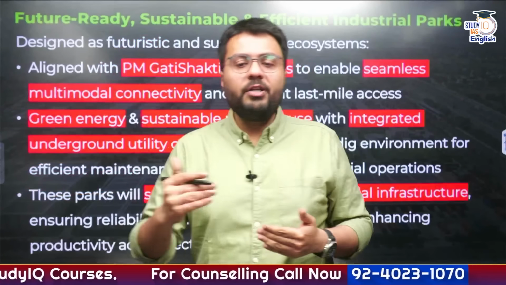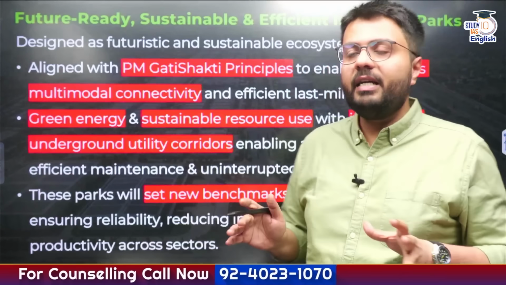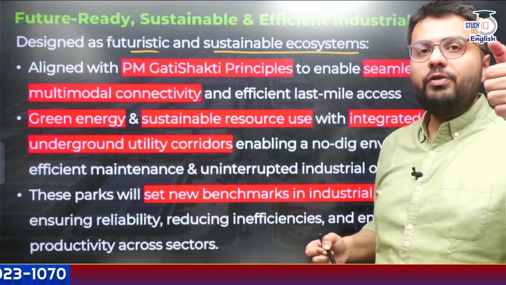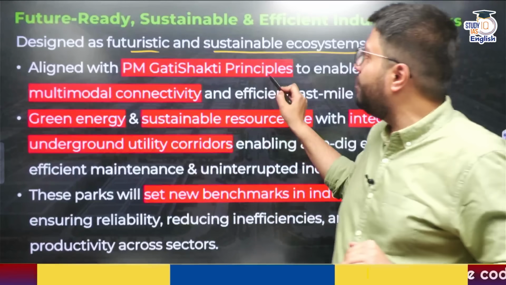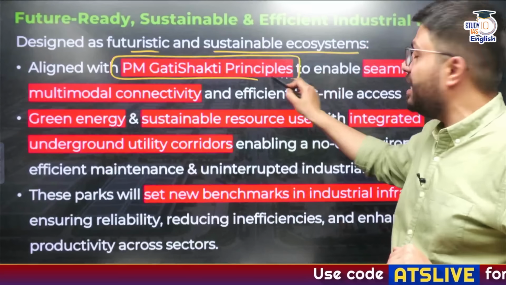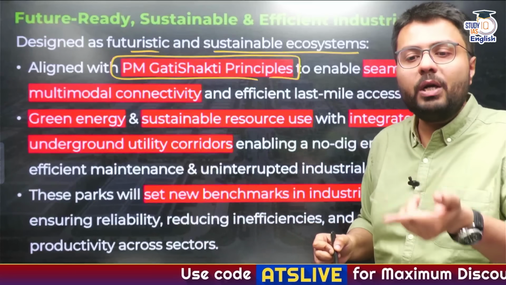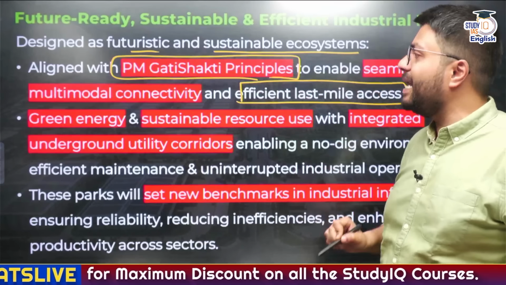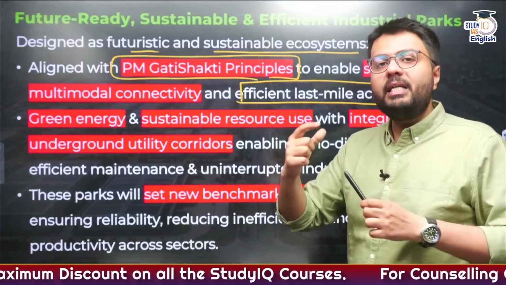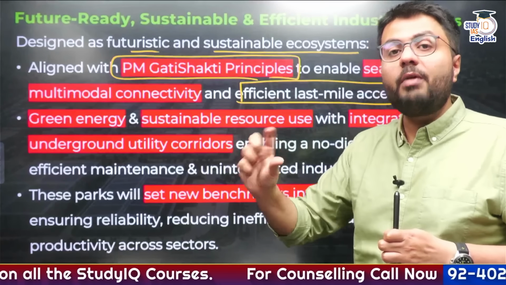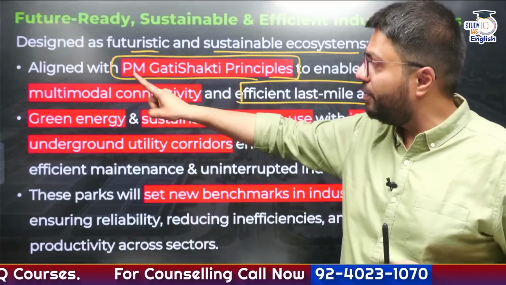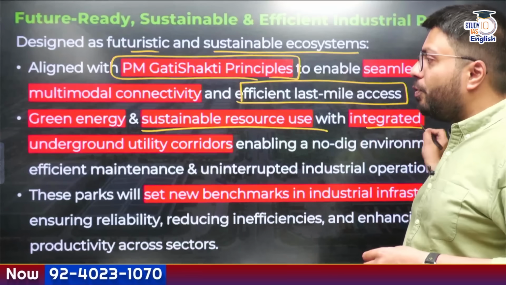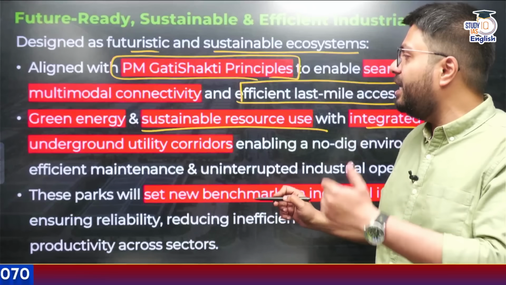Okay. Now, in addition to all of that, this scheme is designed as a futuristic and sustainable ecosystem. First of all, the government will integrate this project with PM Gati Shakti proposals, which would enable seamless multimodal connectivity, and it will also provide this project with much needed efficient last mile access. Similarly, the government's intention is also to reduce the carbon footprint of any such industrial projects, and for that, green energy and sustainable resource use will be ensured, which will be provided through underground utility corridors.